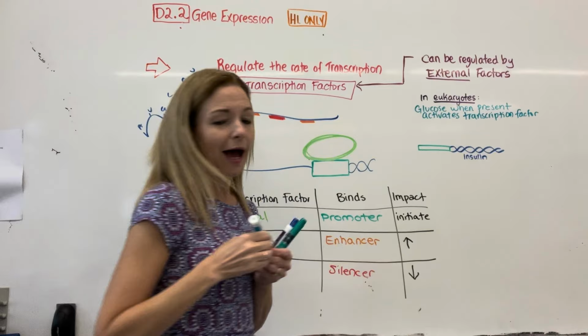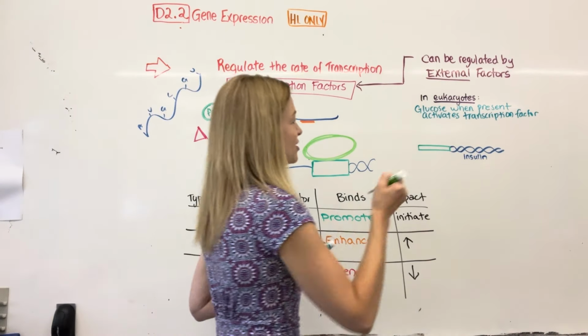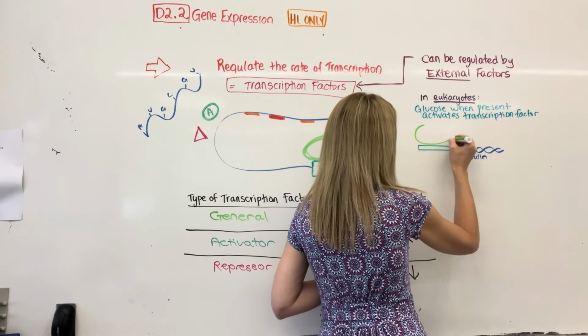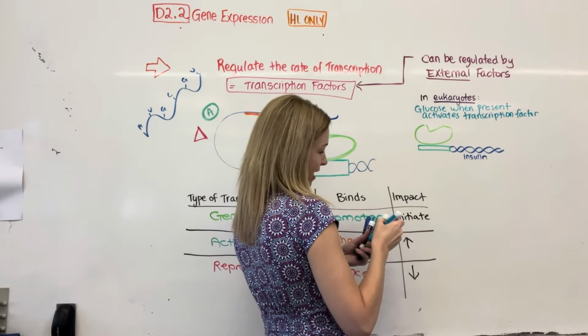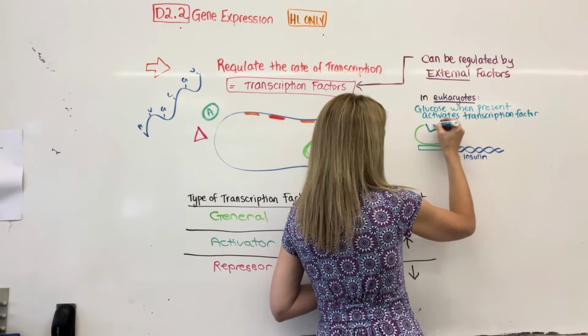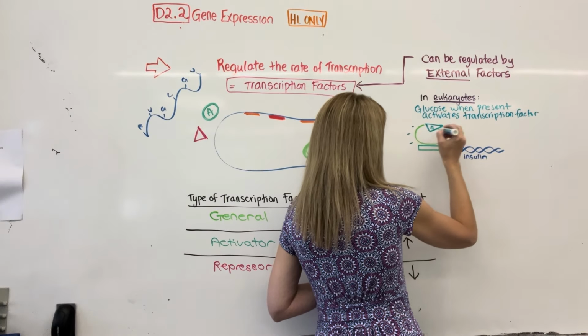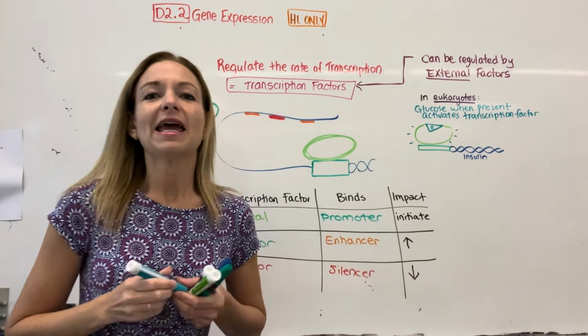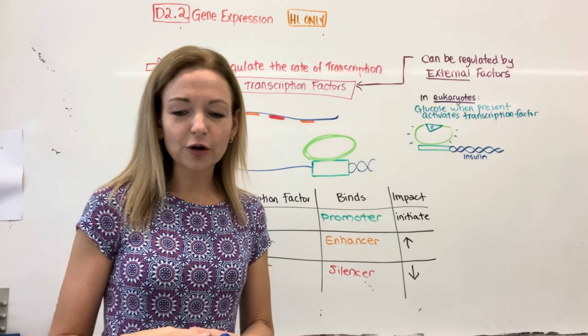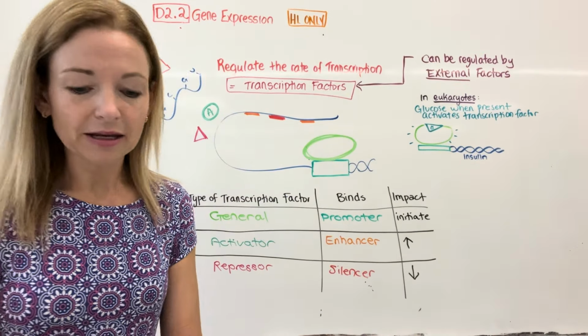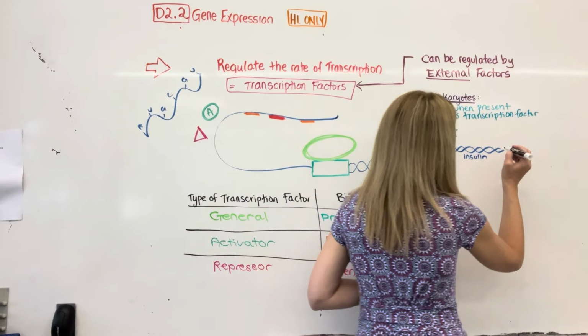Here we have our transcription factor, and in order for it to be activated, it has to have glucose bound to it. When glucose is present, it activates the transcription factor, it comes and binds to the promoter, and insulin is made.